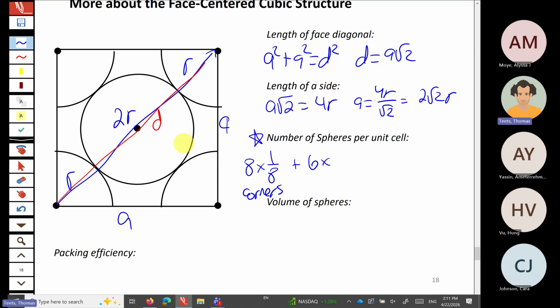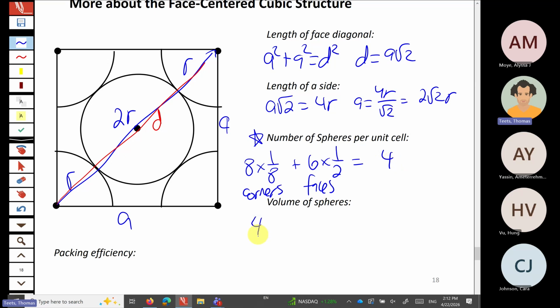As we said, when you stack cubes into a lattice, 2 of the faces will touch each other from neighboring unit cells, so each face counts as a half. So all 6 faces have an atom on it. Each of those is going to count as 1/2 of an atom per unit cell. So in total, there's 4 atoms per unit cell in face-centered cubic. 1 again from the corners, but now 3 additional ones that come from the face positions.